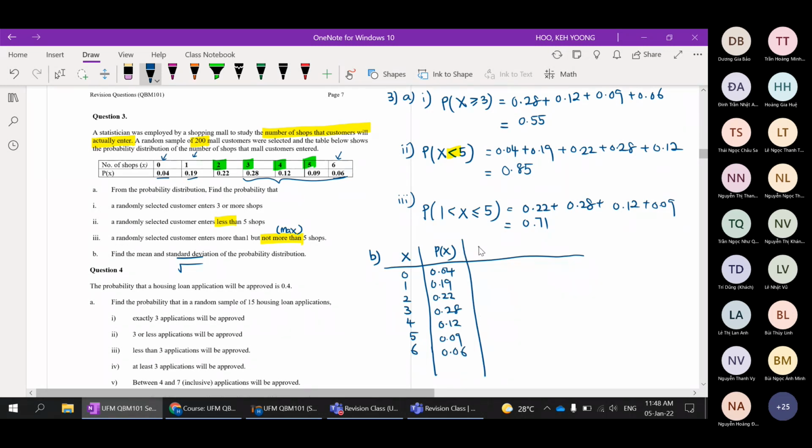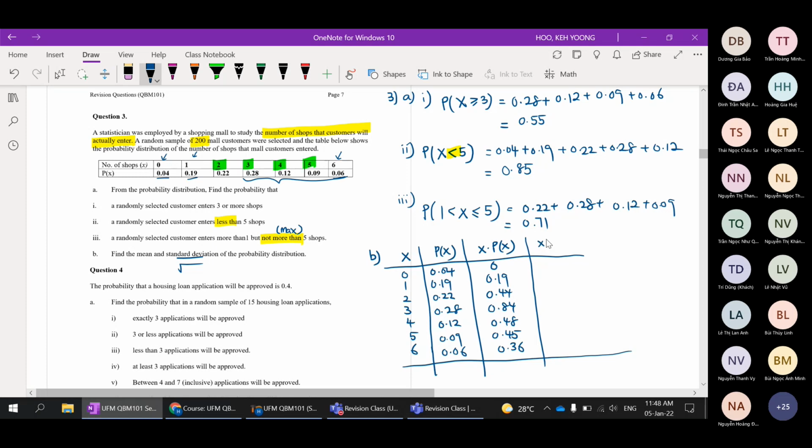Then we add a column to calculate x times P(x). Use your calculator to calculate for every pair.